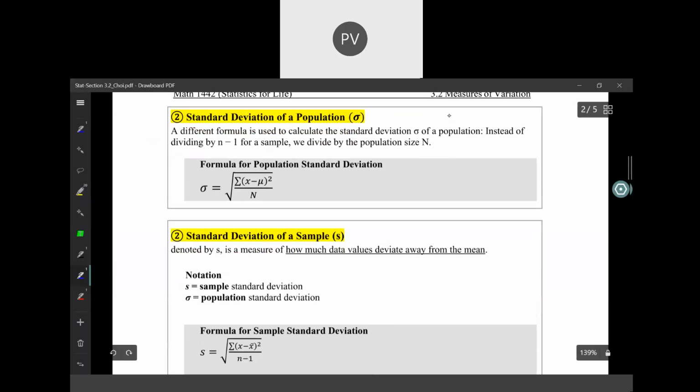Now, next is standard deviation. Standard deviation is denoted by sigma, and it is also denoted by small s. There are certain situations where we use each. When you have a population data set, you denote standard deviation with the sigma symbol.